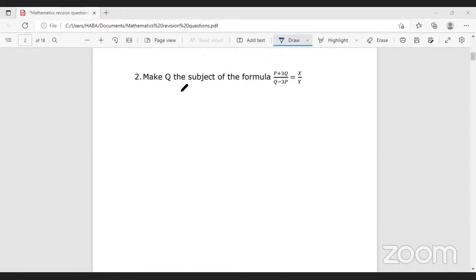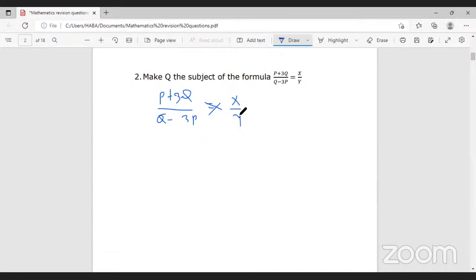So what are we going to do? I'm just thinking that we are going to cross multiply. Okay, cross multiplying works better.